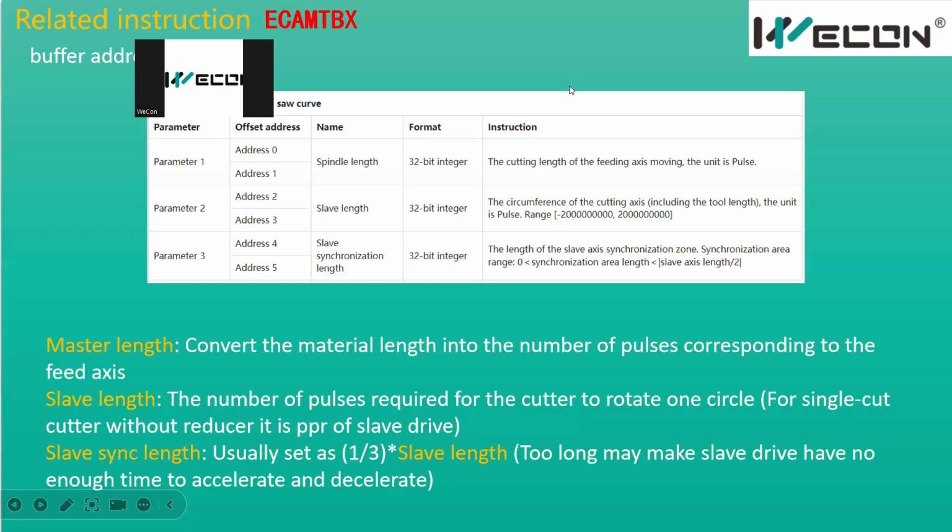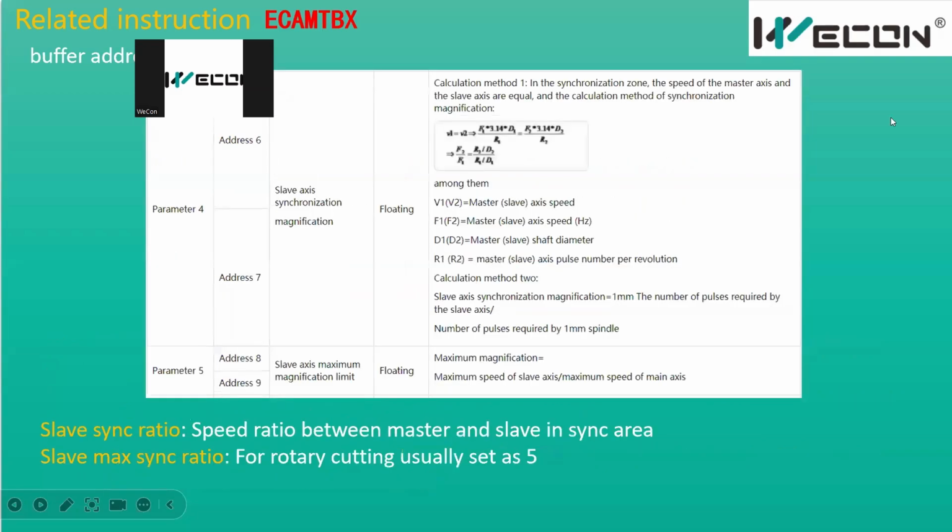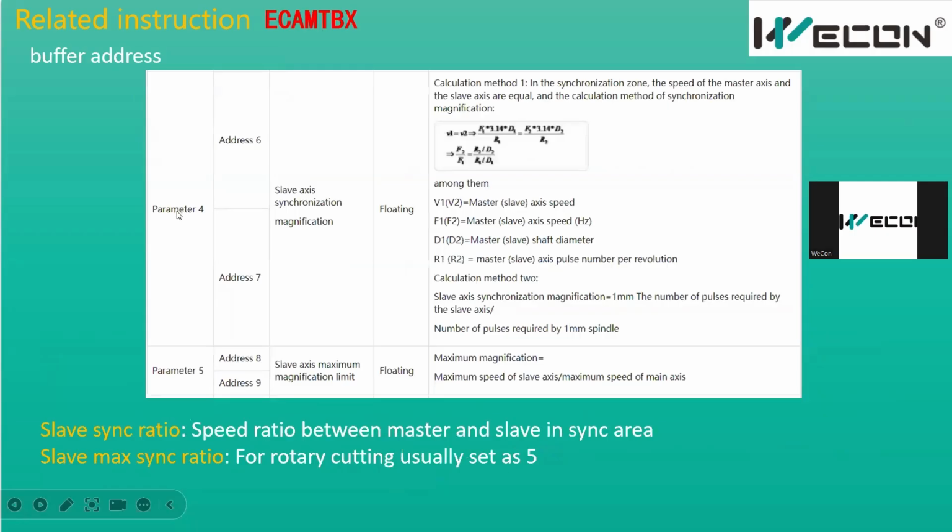Okay, let's continue. And here, the fourth parameter is the slave sync ratio. What's the slave sync ratio? Because as I said, we need to have the same speed in the sync area, right?